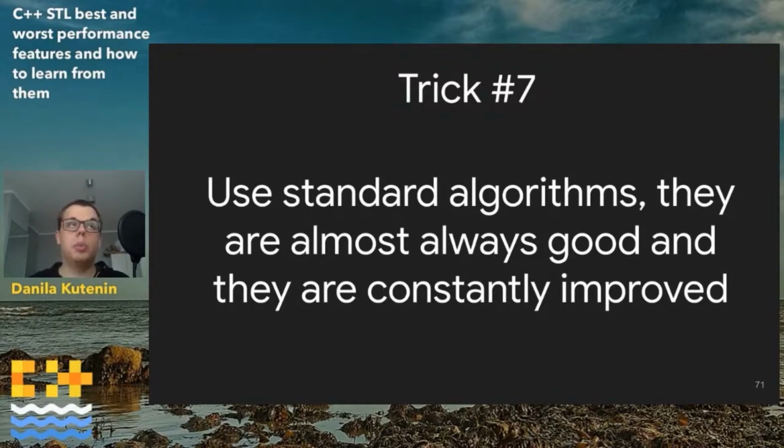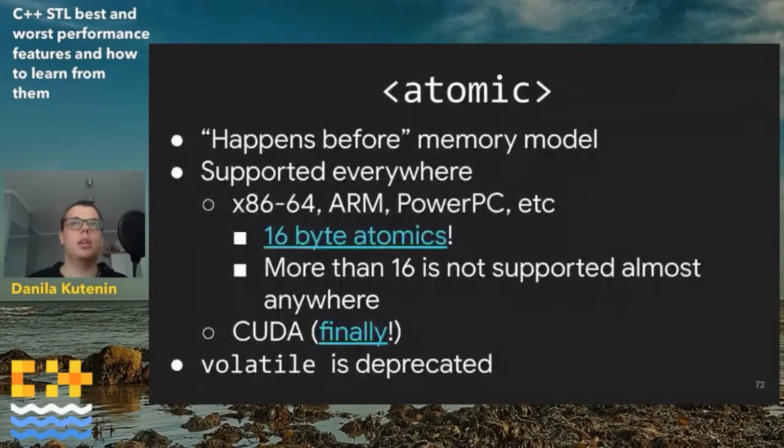Atomic, I will be brief about it. Atomic has a really good design from my perspective. It supports memory models where you can mathematically understand what happened before; it's called the happens-before memory model. Atomics are supported on most architectures, since cache coherence has been developed pretty well over the past several decades.